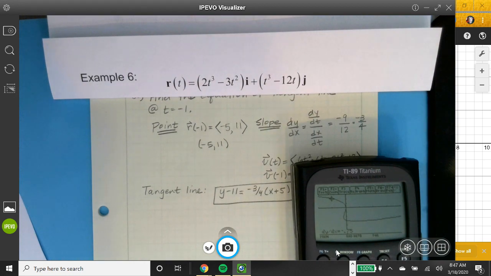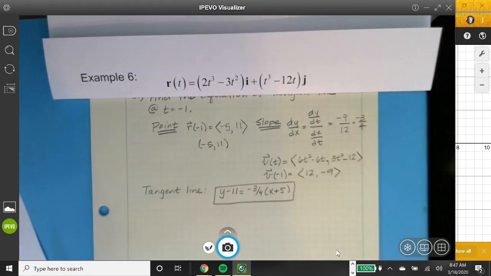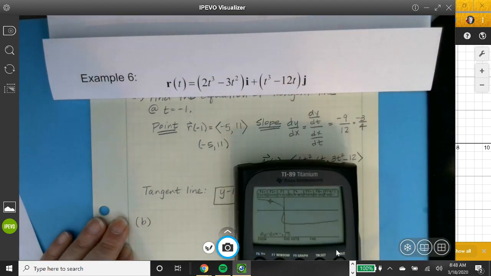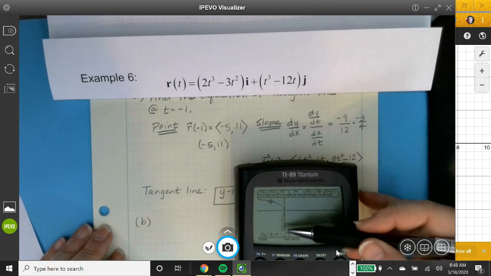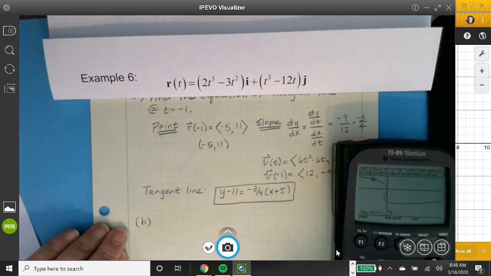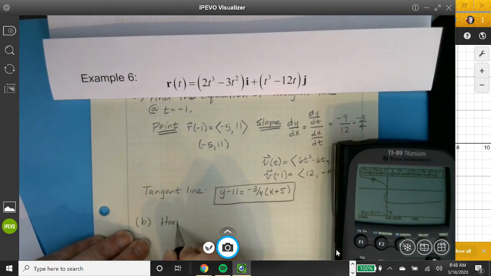Okay, the next thing that's interesting about this curve is where we might have vertical or horizontal tangent lines. So how do we find that? Horizontal tangent lines.